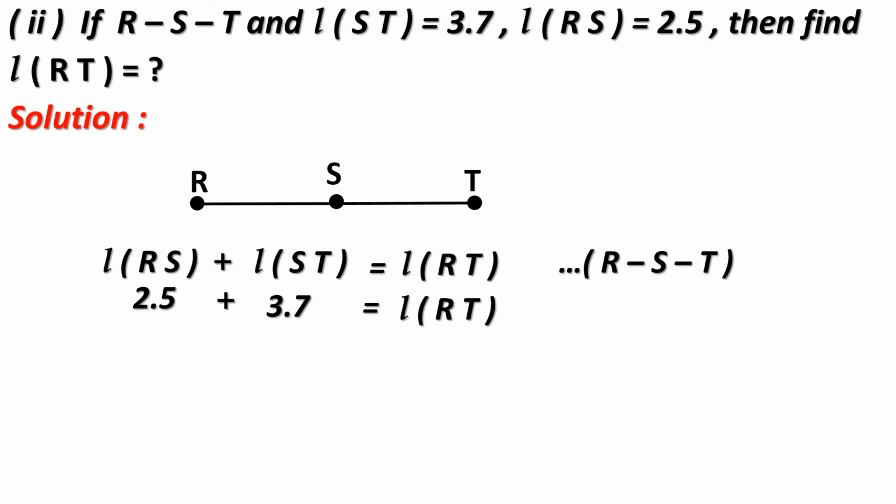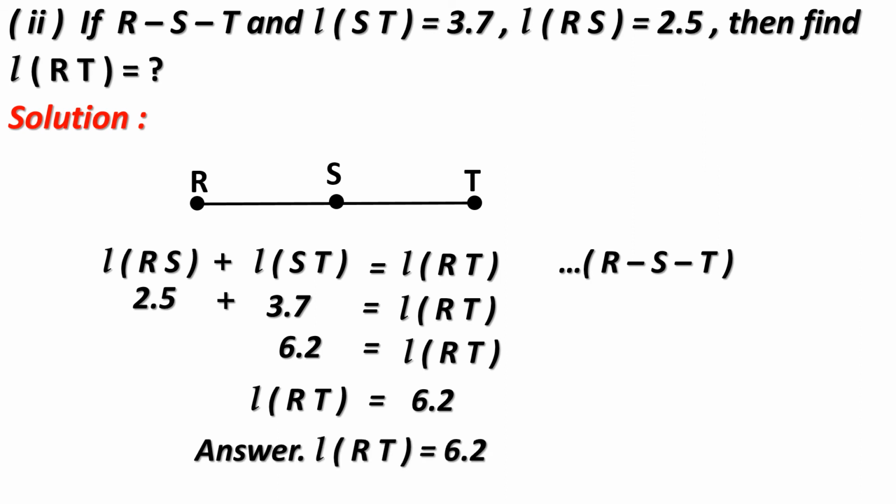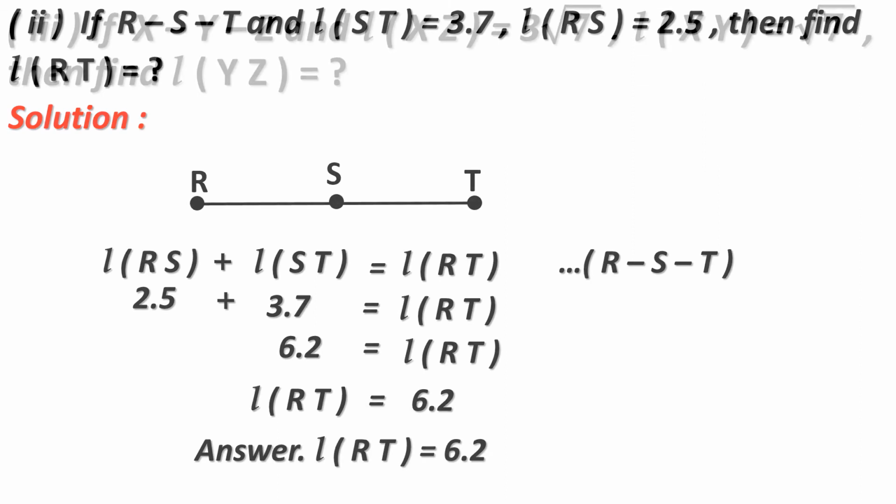Now we will add 2.5 with 3.7, we will get 6.2 equals length RT. Therefore length RT equals 6.2. So the answer is length RT equals 6.2.